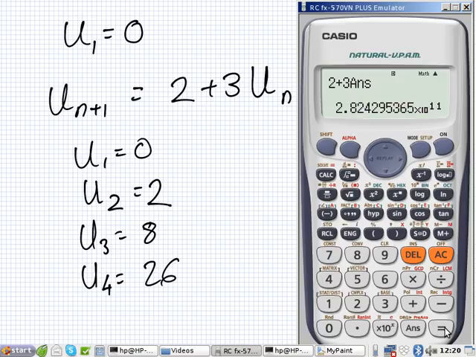Now what's happening to this sequence? It keeps increasing and increasing and increasing. There's a name for this. You describe it as, does anyone know the name? Does anyone know the adjective?